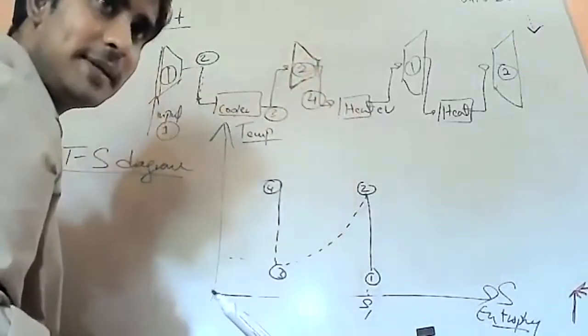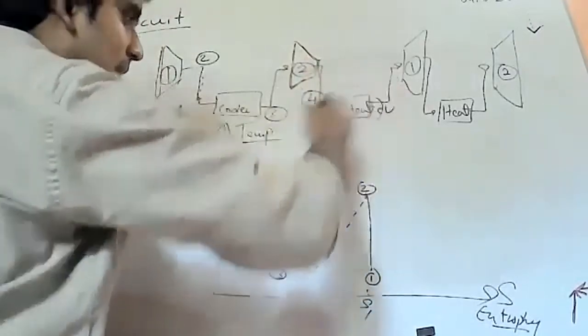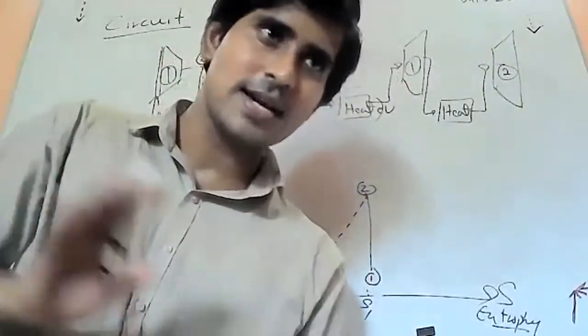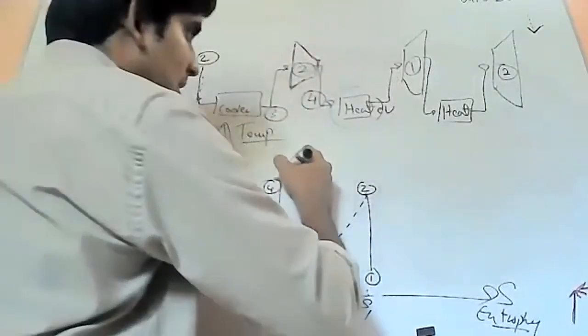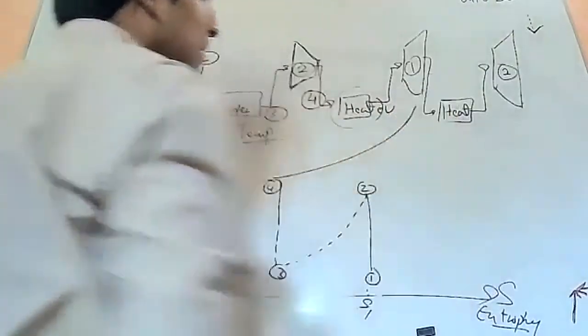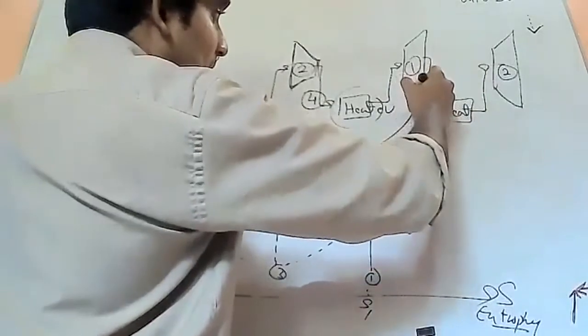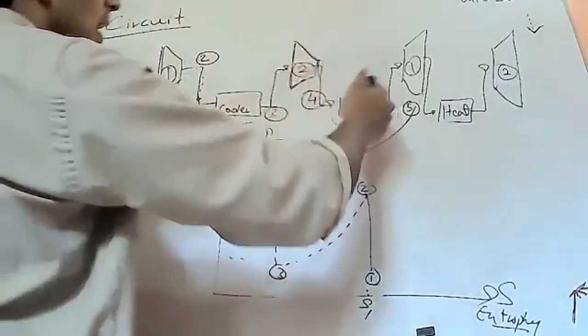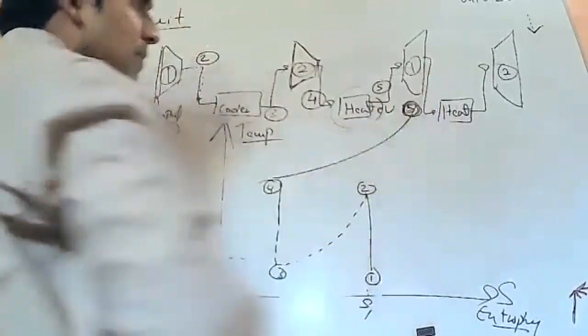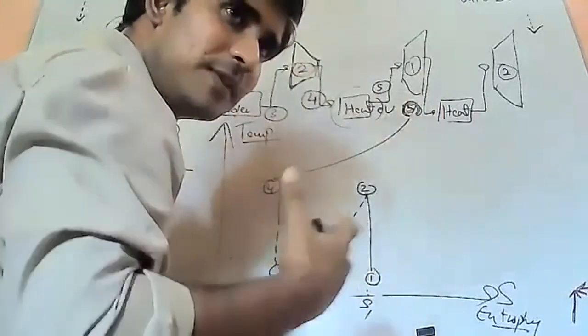After that, we use a heater and we heat it. Definitely after heating, entropy rises. So let's sketch it like this. Entropy rises. Let's call that point 5. After the heater, you get point 5. This point 5 is the input to the first turbine.